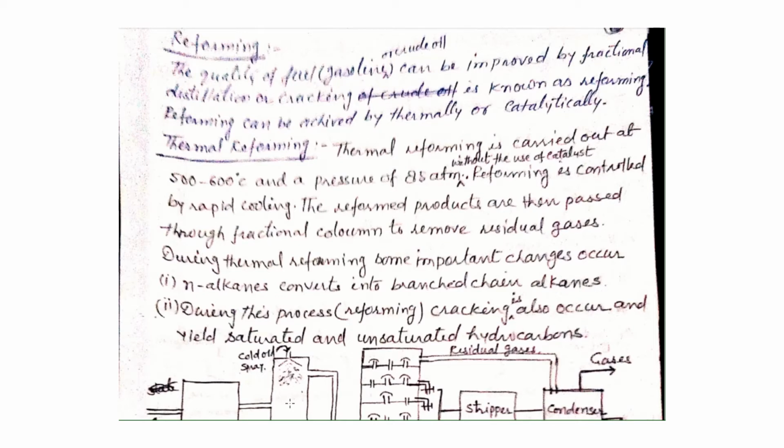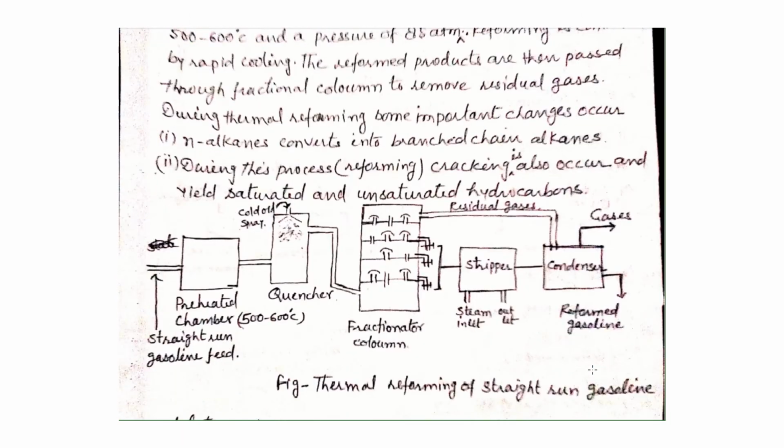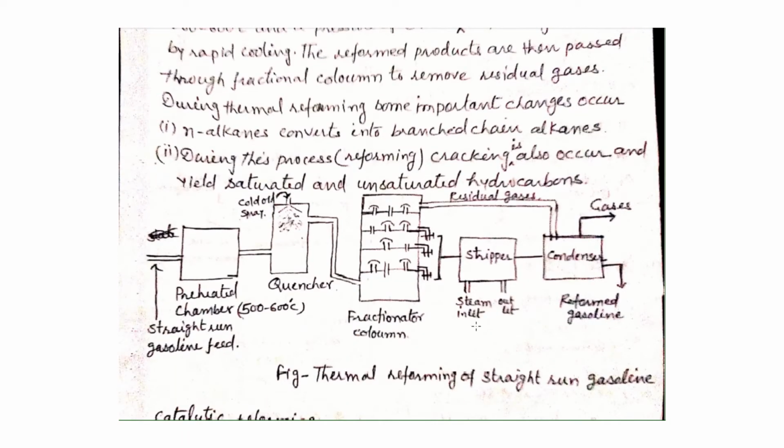Here also we do the same thing. After rapid cooling, we pass the vapors into a fractionating column, and from there the middle fraction passes into a stripper, then a condenser, and we get the desired products.